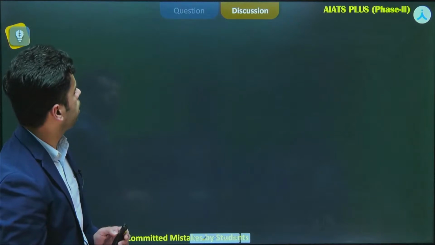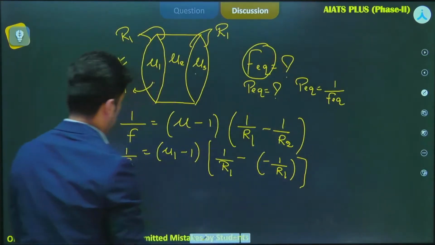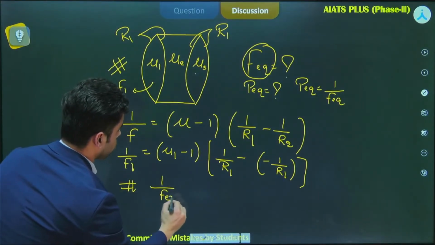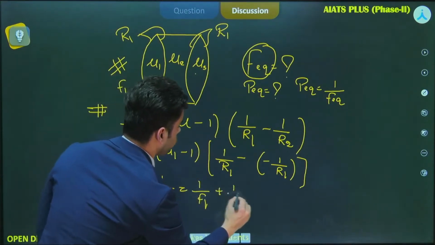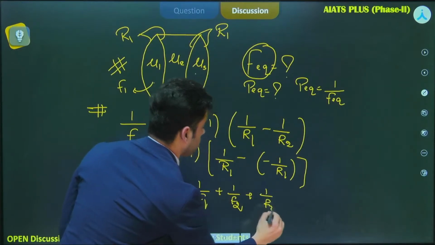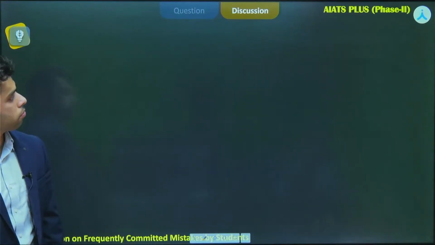And the equivalent focal length, F equivalent, can be written as 1 over F equivalent equals 1 over F1 plus 1 over F2 plus 1 over F3. That's how you deal with such kind of problems. I hope this problem was clear to you, right?